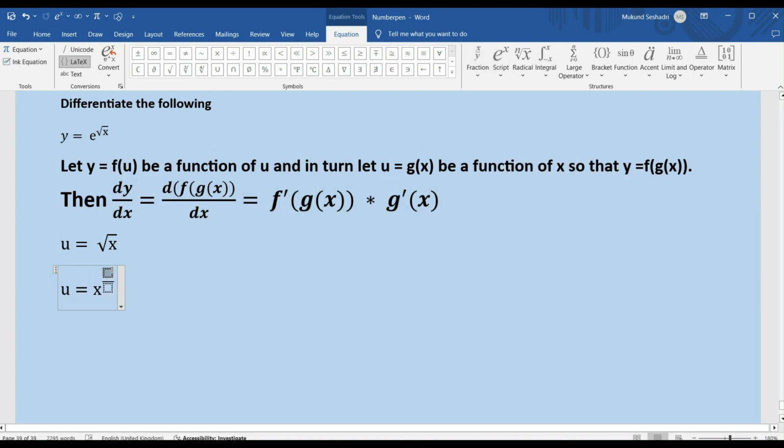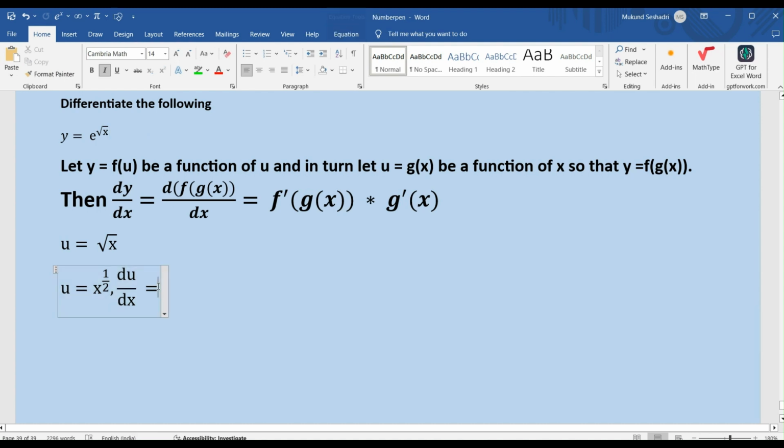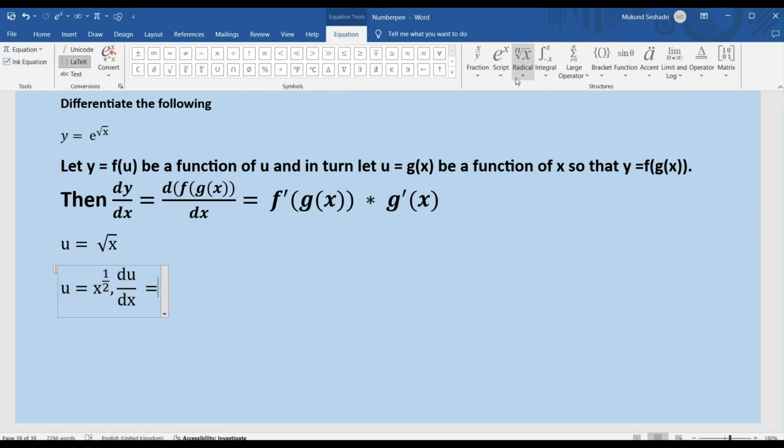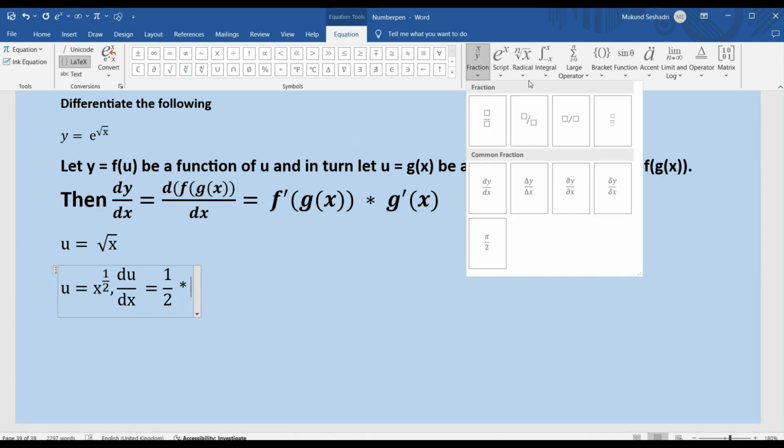So u equals x to the power half, and therefore what is my du by dx? Again I use the formula, and this time I'm not going to write it on this. My du by dx of x to the power half is nothing but half into x to the power half minus 1.